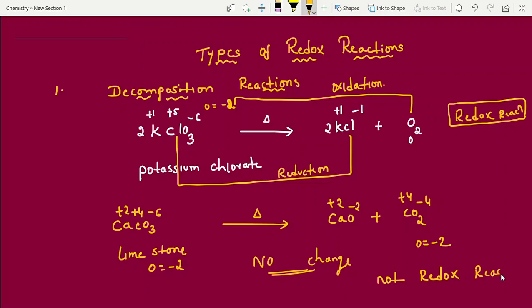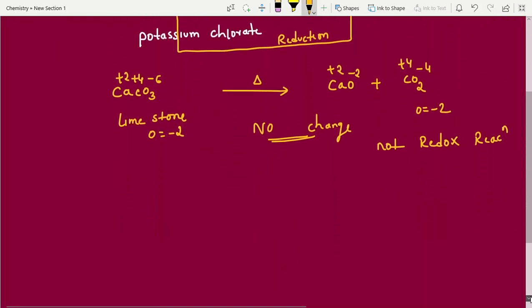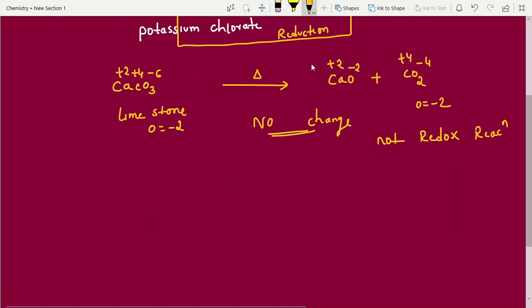So finally, the conclusion point: all decomposition reactions need not be redox reactions.